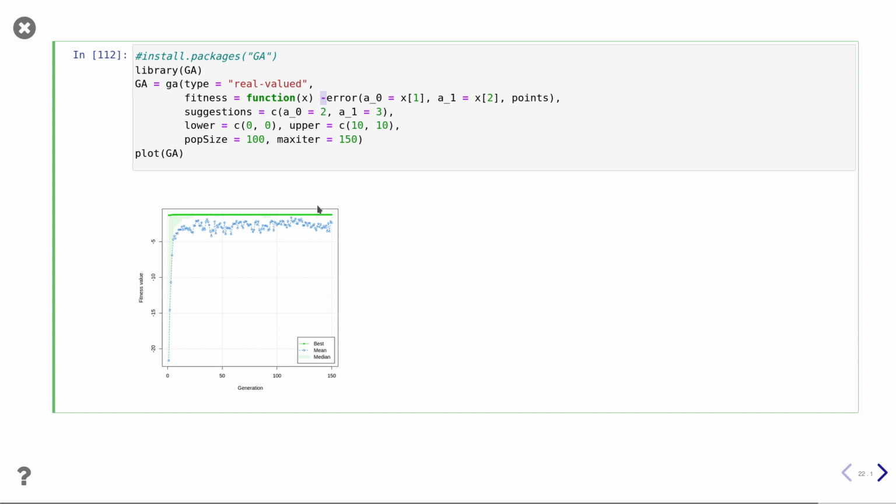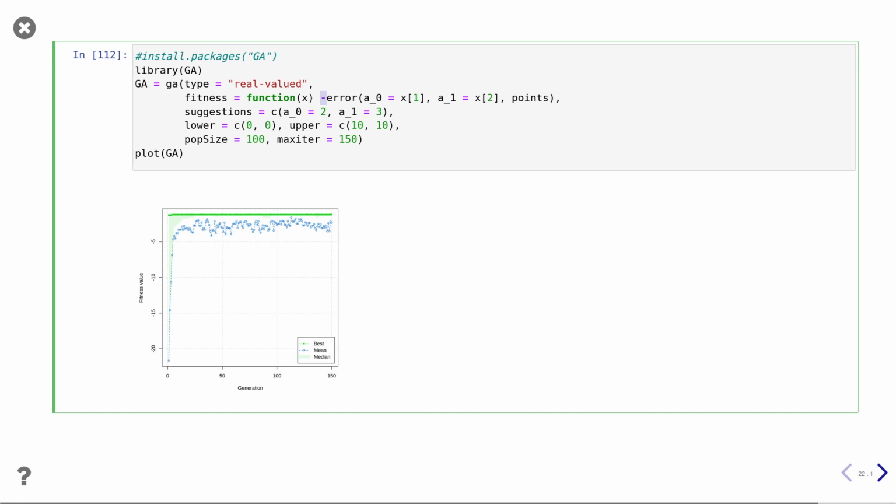I've said that my fitness was minus the error, because maximizing minus the error is equivalent to minimizing the error. When you put minus the error, the result is going to be negative, and my best solution is going to be a solution that has maximized this negative error. That means something very close to zero.